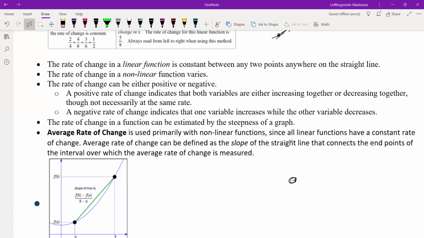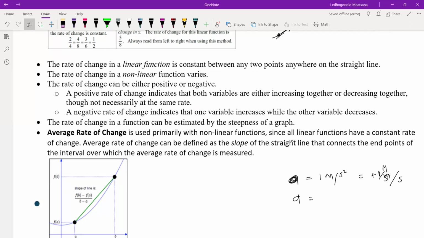Your acceleration could be constant at 1 meter per second squared. What does that mean? It means that your speed is going to increase by 1 meter per second for each second that you travel.